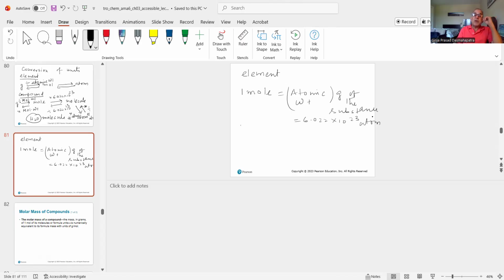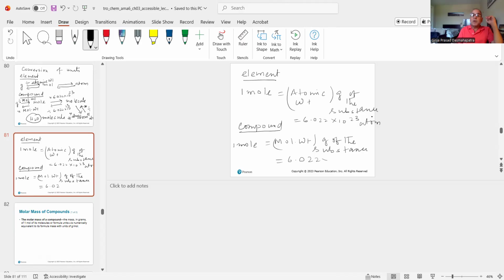But in case of a compound, the basic principle is the same, but there is a little bit of extension. So 1 mole is equal to molecular weight grams of the substance, and it contains Avogadro's number of molecules.